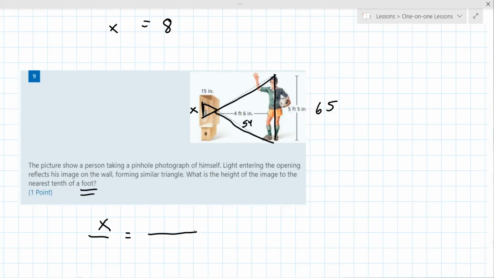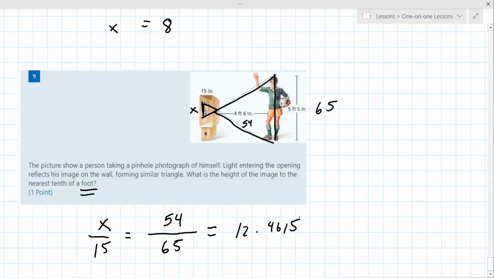So what goes on the other side here? It's going to be this thing over here, this 54. And then the 15 goes with X, and that's the 65 here. So I get 12 point some bunch of numbers here.